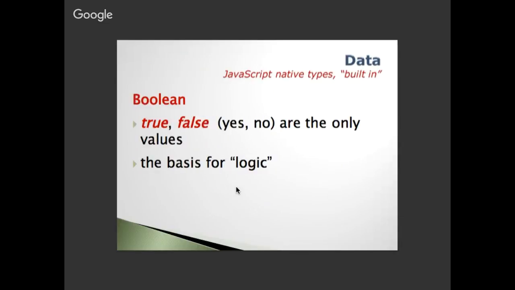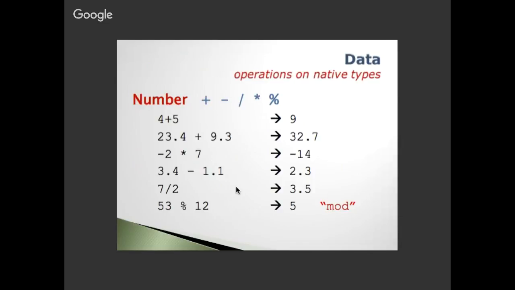Boolean: simple true, false, yes and no are the only values that you can have. We saw some in an example earlier. Whatever string equals whatever string. It's the basis for most logic in programming, some type of true and false, either or. And you've seen these, right? These operations of data types.